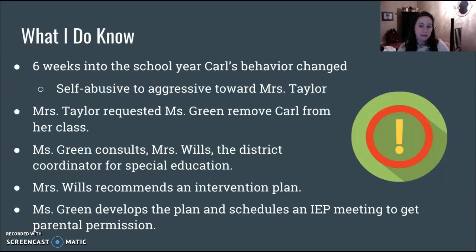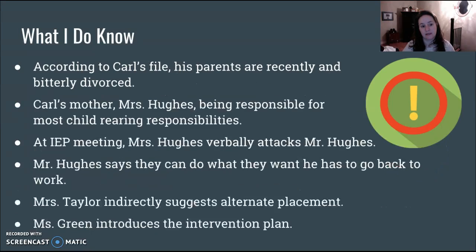Ms. Green develops the plan and then she tries to schedule an IEP meeting in order to get parental permission. So she tries to work it out so that she can have a meeting with the parents and with Mrs. Taylor and herself in order to get this approved. She does get the superintendent's permission. According to Carl's file, his parents have recently and bitterly been divorced.